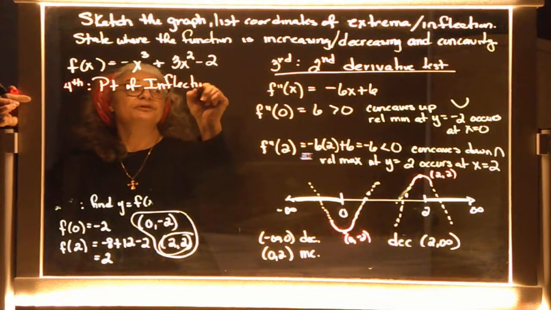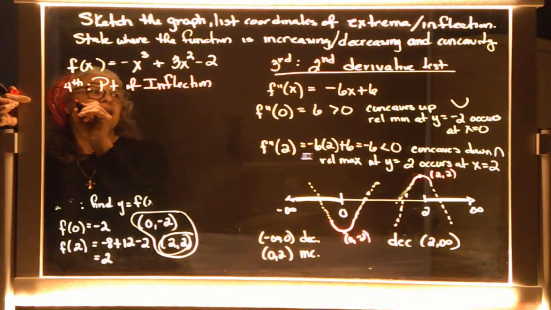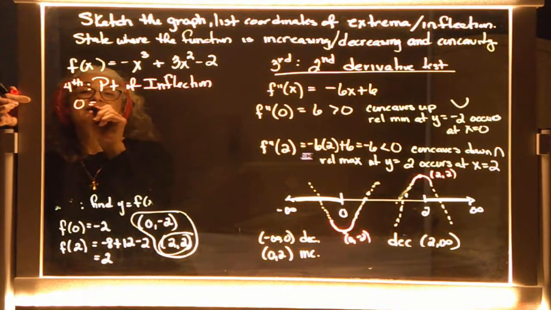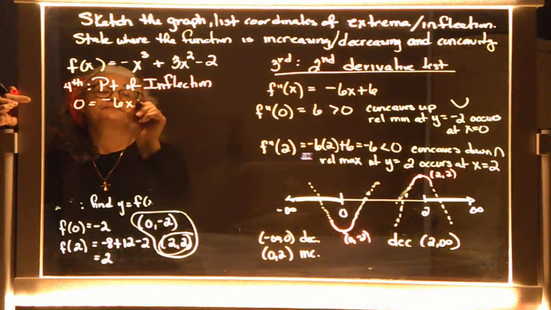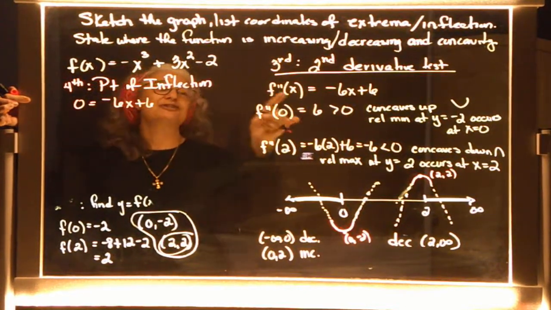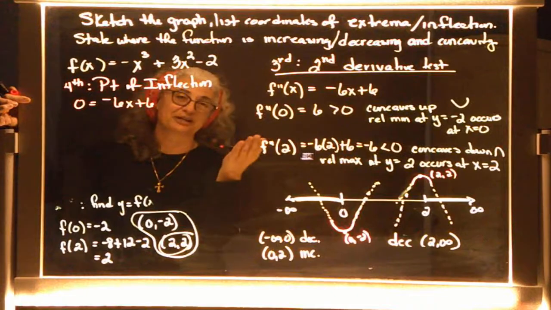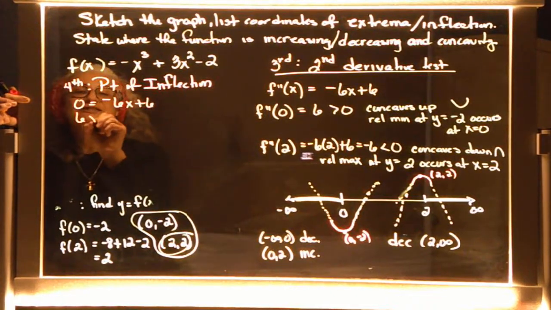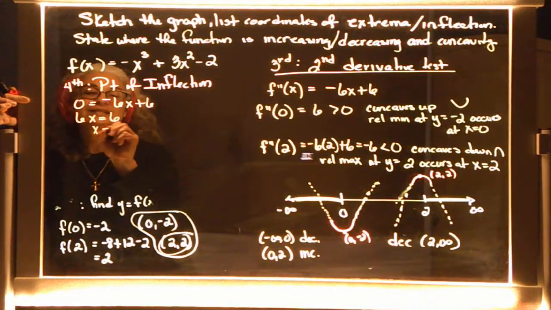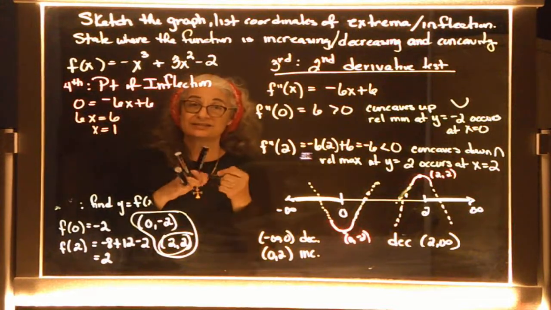I take my second derivative and set it equal to 0, right? And then I get to solve, and I get x equals 1, right?